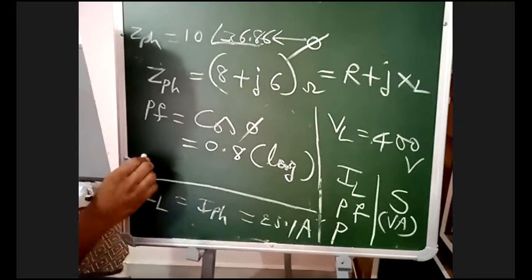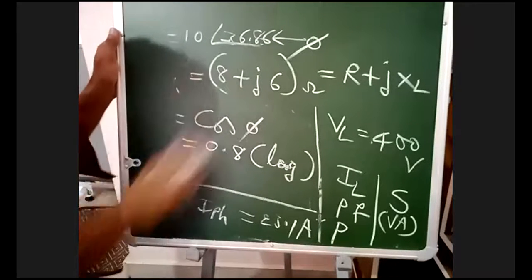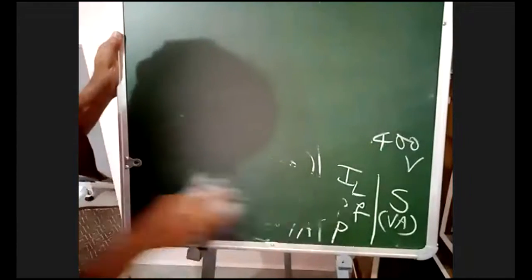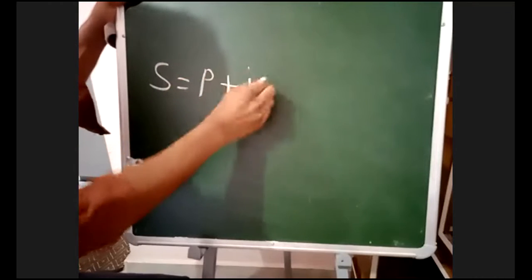Now see power P. What is the power P formula? Before going to the power, see here: S is equal to P plus JQ.